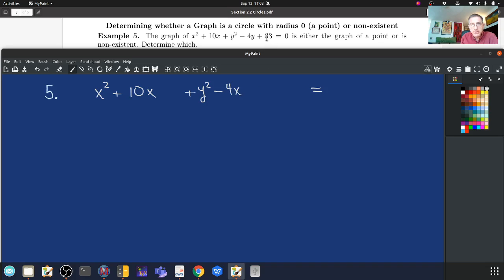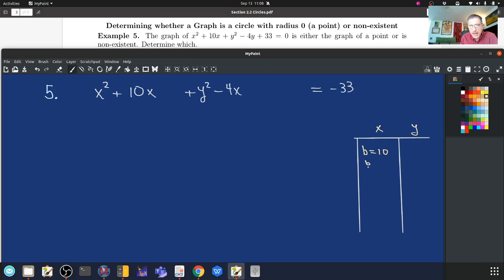So the first thing I do is I take the constant term and put it on the other side. And now I'm going to make the little graph for the values of x and y. So my b value for the x is 10.